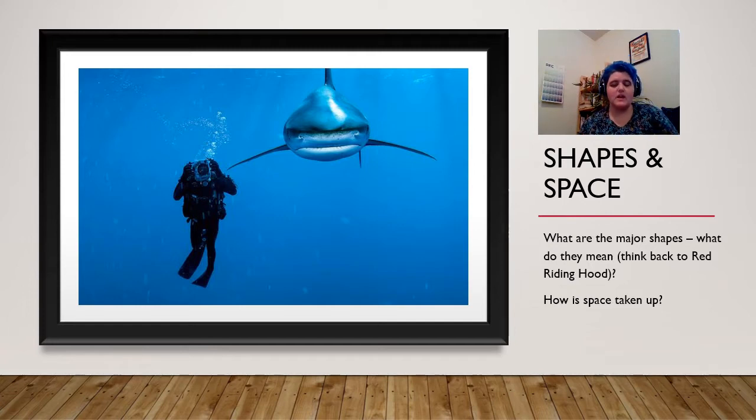Okay, the second pairing that I want to talk about is shapes and space. So we want to look at things like, what are the major shapes and what do they mean? And here I want you to think all the way back to January when we talked about Little Red Riding Hood and how triangle shapes, when the base is pointed down, seem more stable, and rectangle shapes, when the bottom is down, seem more stable, the wide part, I'm sorry.